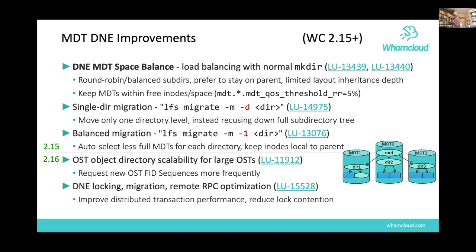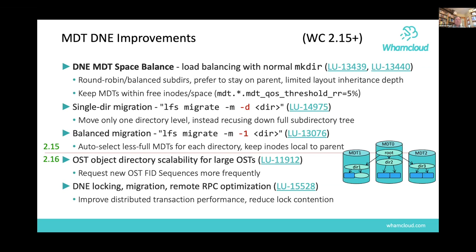That's because, with the space balancing, more of the operations are on remote MDTs. And so optimizing the performance and improving the times that MDTs need to process recovery logs and things like that is important going forward.